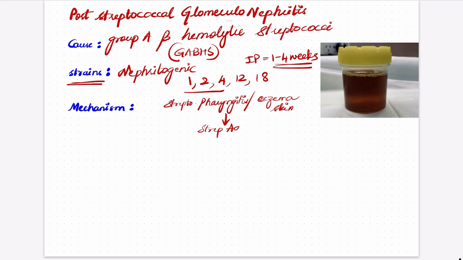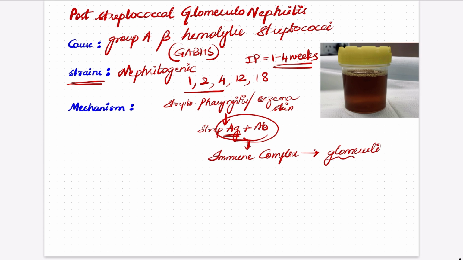Streptococcal antigen exposure occurs, so automatically antibodies are formed against it. They both combine and form an immune complex. These immune complexes get deposited in the glomeruli during this latent period.